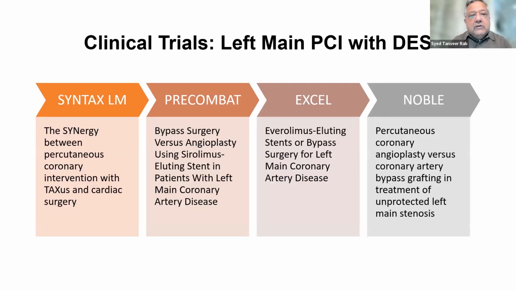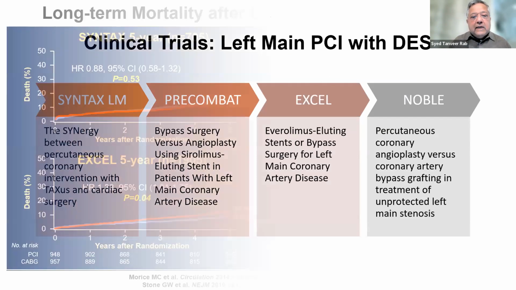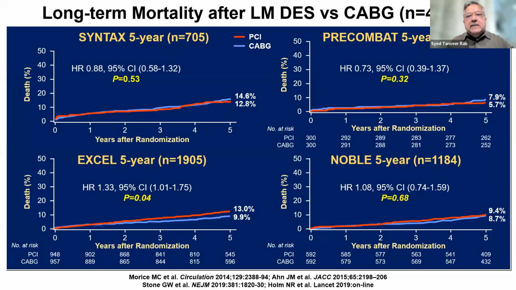So what are the clinical trials of left main PCI with DES? Of course, SYNTAX left main, PRECOMBAT, EXCEL, and NOBLE. I won't go into that in great detail, but for long-term mortality, we're talking about 5 years plus, and PCI versus CABG at 5 years was very similar for SYNTAX and PRECOMBAT, and even for NOBLE.